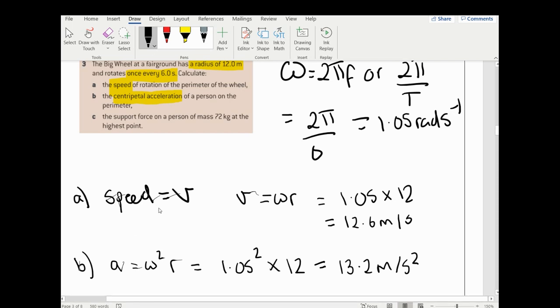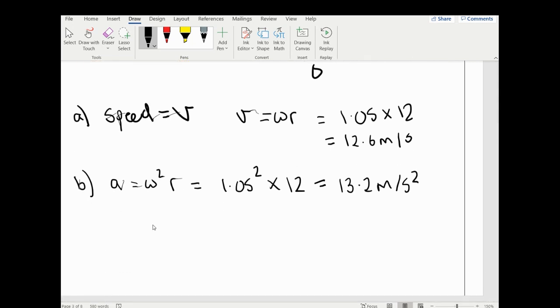The support force on a person of 72 kilograms at the highest point. So the highest point is at the top. I've got my weight going down and I have my tension going up. Now, I know at the top, technically the tension wouldn't be a pull, it will actually be a compression.